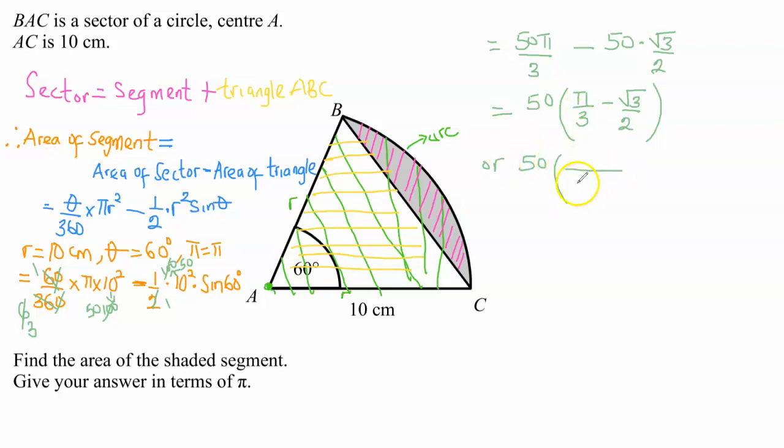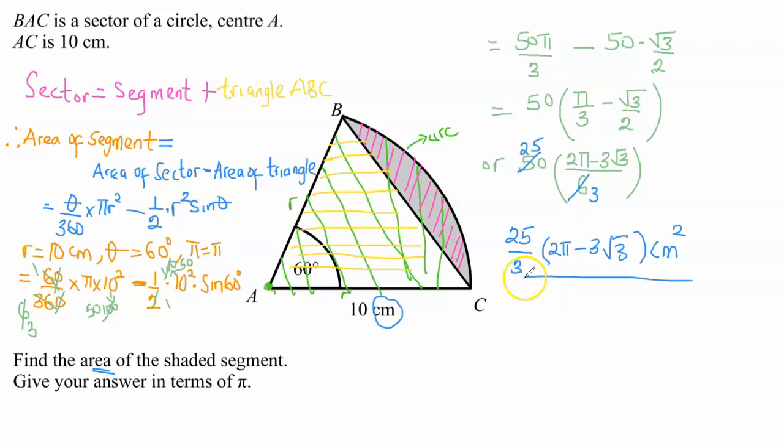That's going to be 6, and this is going to be 2 pi minus 2 in 6 is 3 root 3, and of course I can just reduce 6 by 2 and reduce 50 by 2, that's 25. So my final answer can be 25 over 3 into 2 pi minus 3 root 3. Now this is a measure of the area, and since the unit is in centimeters, I'm going to have centimeter squared. This is the area of the shaded segment.